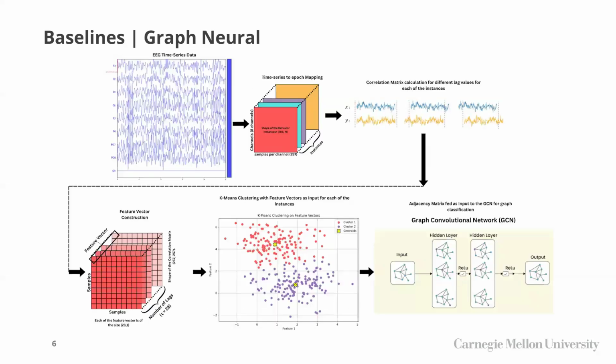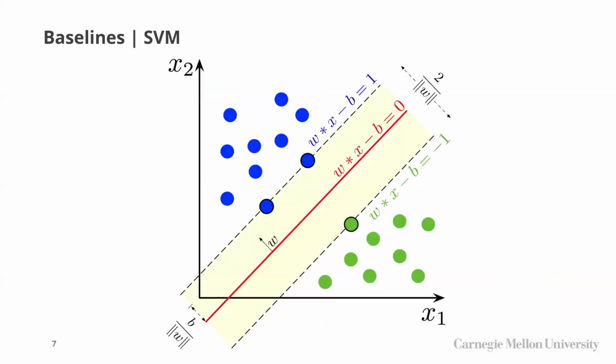For the graph neural network, we extract lags for each of the channels, and then for each lag we compute the correlation matrix between the lag and the original signal for each channel, and then the extracted features are flattened and passed to K-means to create two clusters, where we compute the adjacency matrices, which we finally feed to our graph neural network.